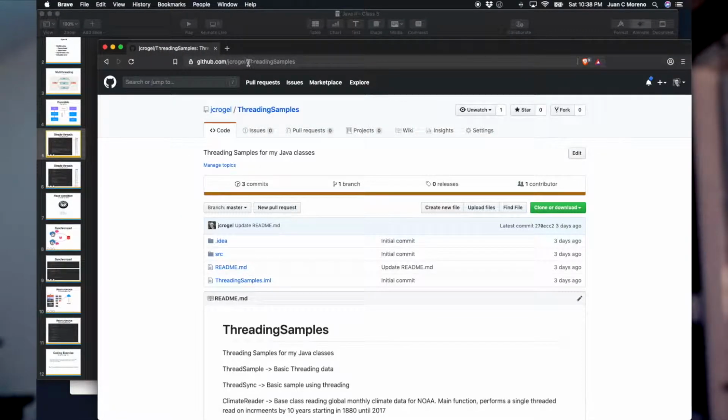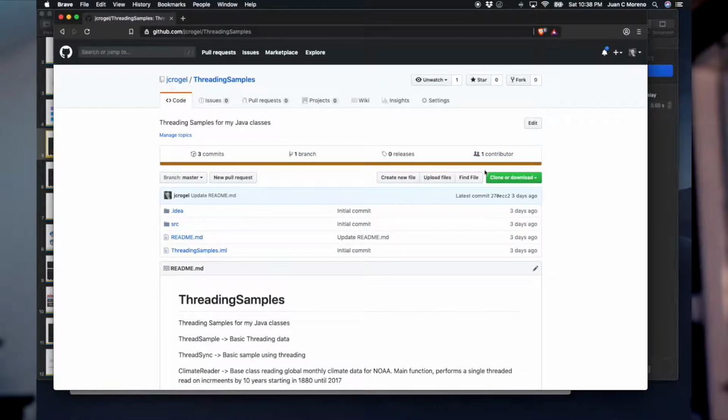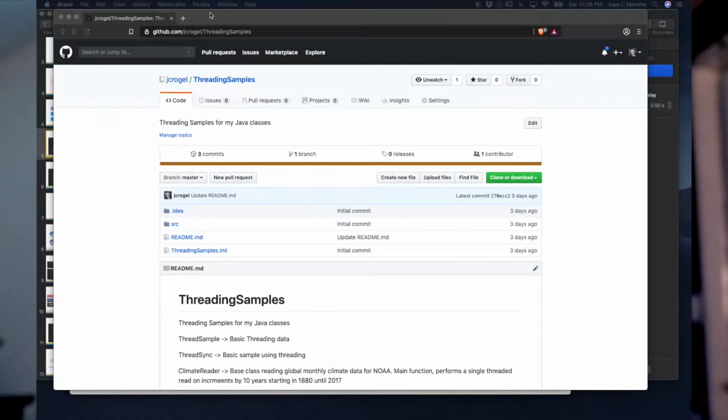Let's go into GitHub and go to my page /threading samples, we can clone and download that code and open it up with IntelliJ.